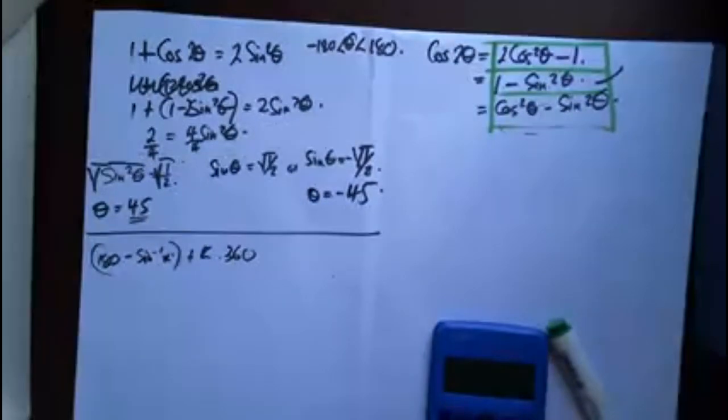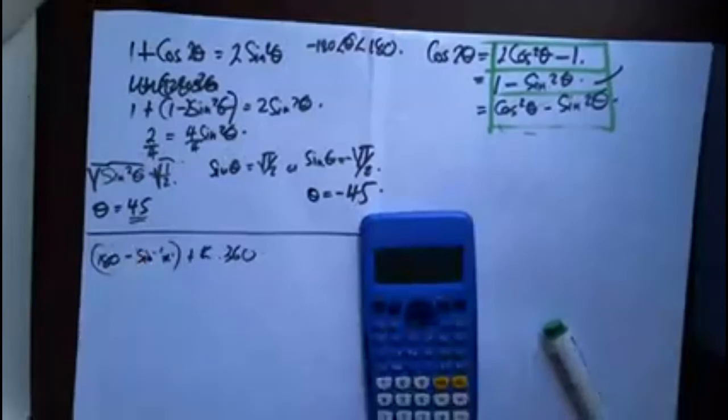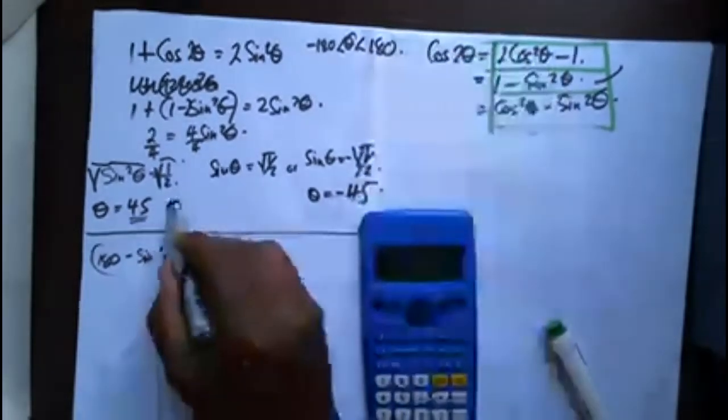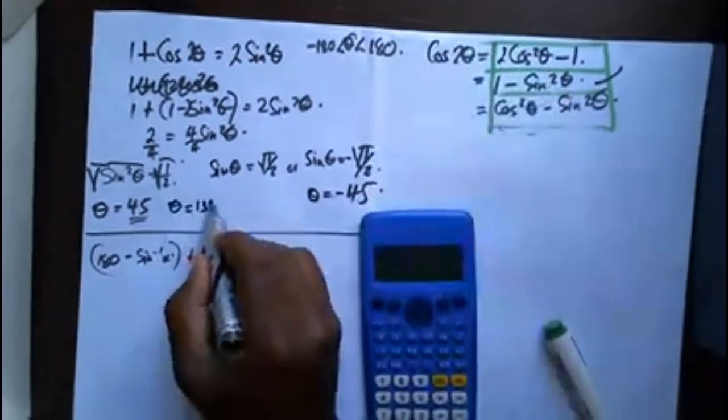So I can say 180 minus 45, which is 135. Let's look at 135. Is it within the range? Yes. So theta is equal to 135.